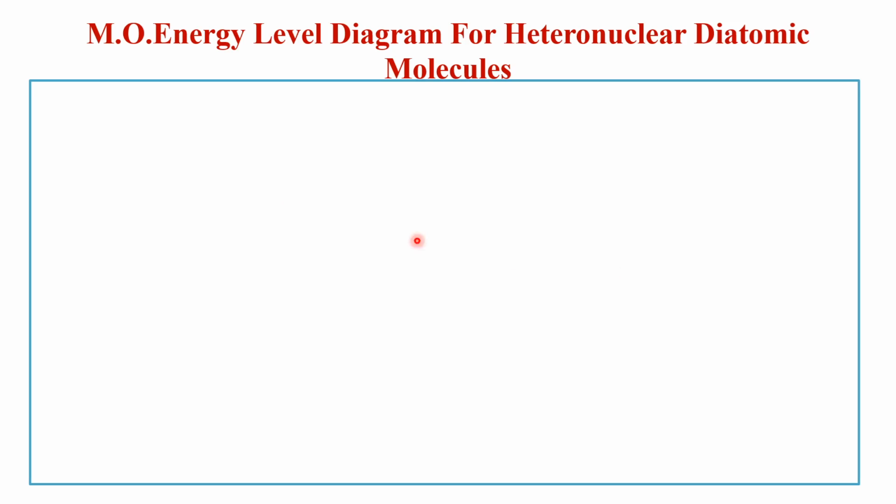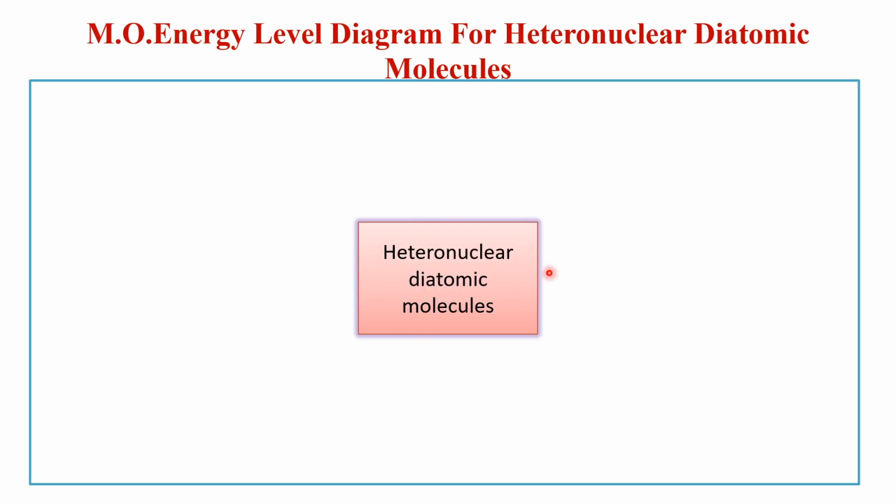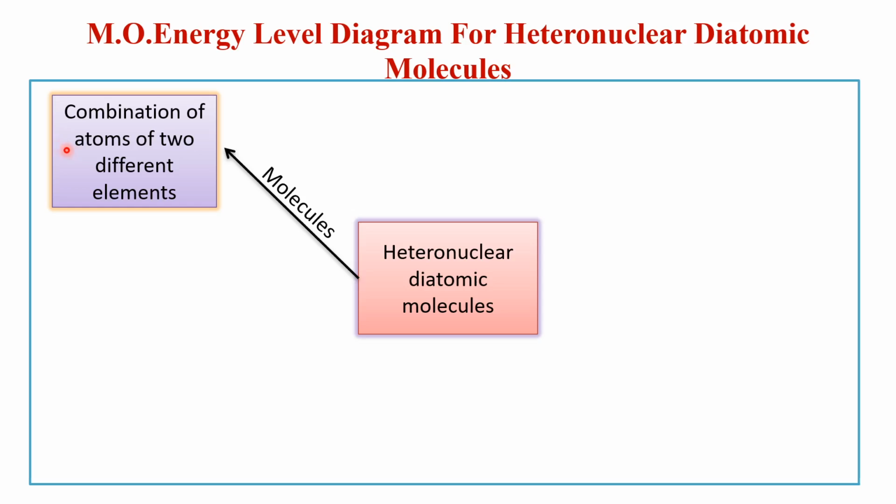So we have to study the MO energy level diagram for heteronuclear diatomic molecules. So what are these heteronuclear diatomic molecules? We have seen homonuclear diatomic molecules, means the diatomic molecules which are formed by the two same atoms. Based upon this, hetero means different. So the heteronuclear diatomic molecules are the molecules which are formed by the combination of atoms of two different elements, right?